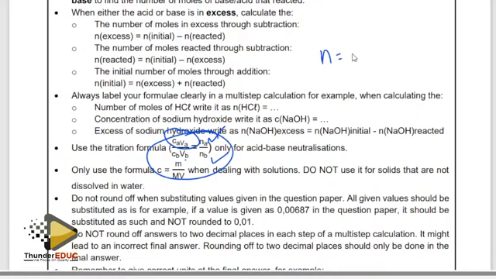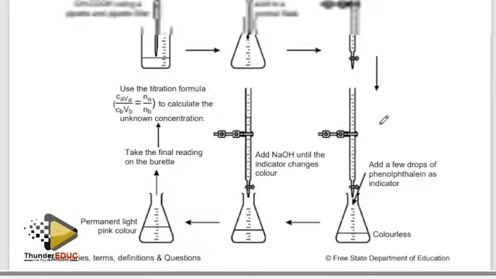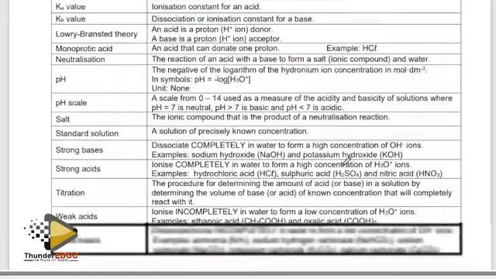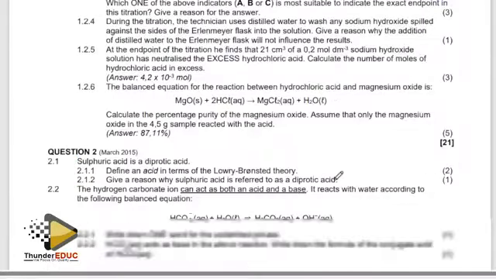Number of moles is equal to mass over molar mass, or concentration times volume. Please check your formula sheet. It's good that they give you formula sheets. So you guys, acids and bases, you pass it. I know the questions are not that difficult.